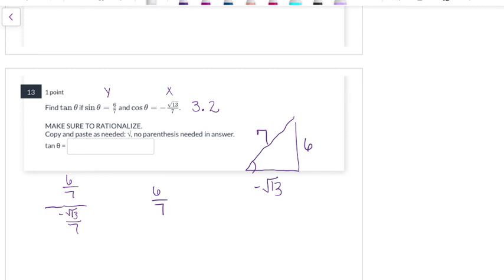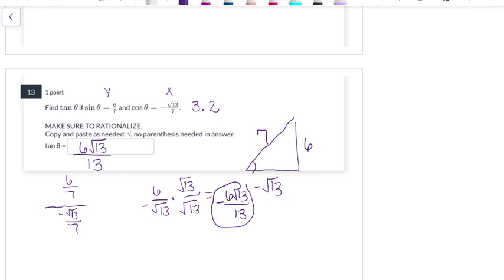Oh, I did that wrong. Adjacent being negative square root of 13. So I want to multiply by square root of 13 on both sides. Or sorry, top and bottom, numerator, denominators. I'm trying to quickly finish this. So I get negative 6 square root of 13 over 13 when I multiply straight across.